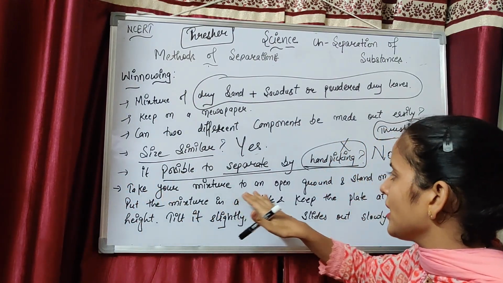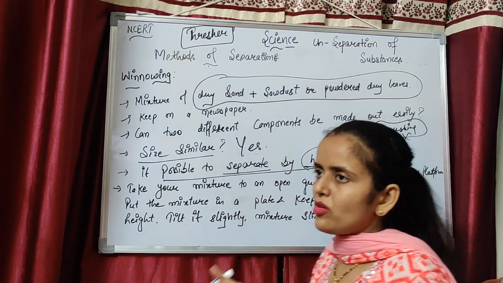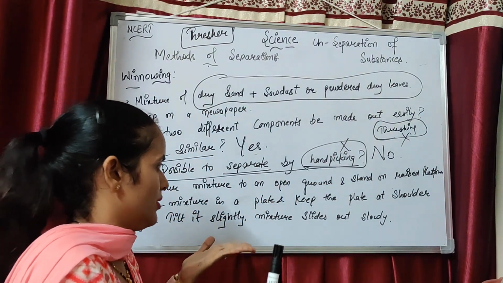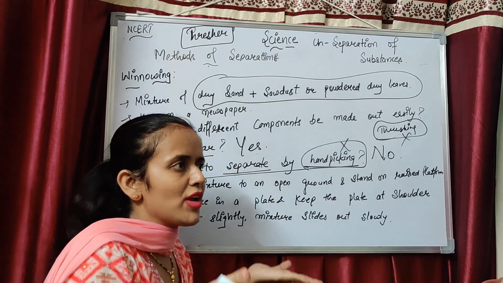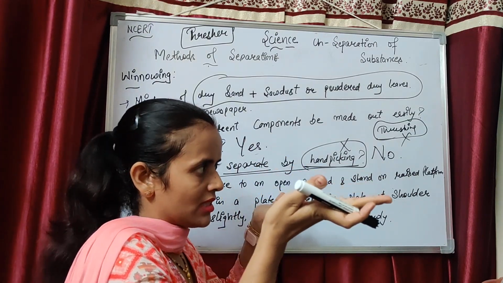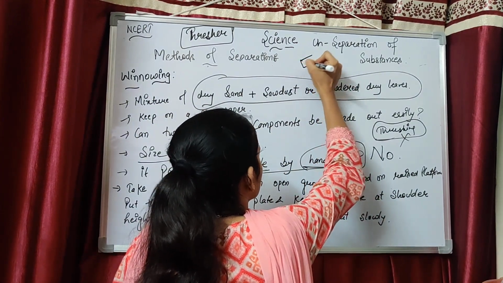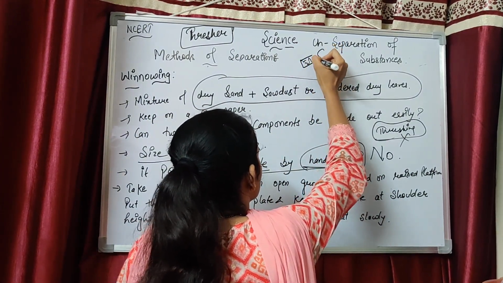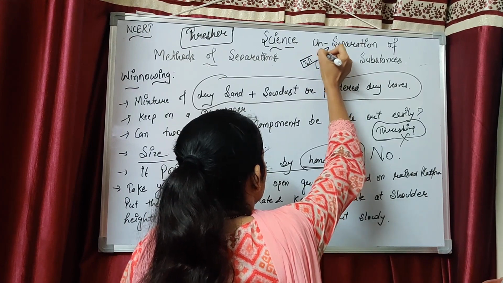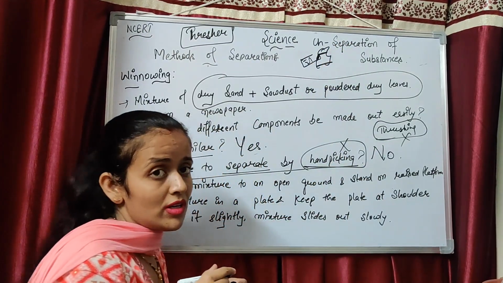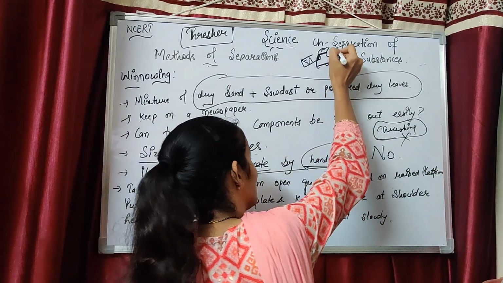Take your mixture to an open ground. Put it on a newspaper and place it on a plate, and keep your plate at your shoulder height like this. My drawing is so poor, so don't mind, only understand the concept.